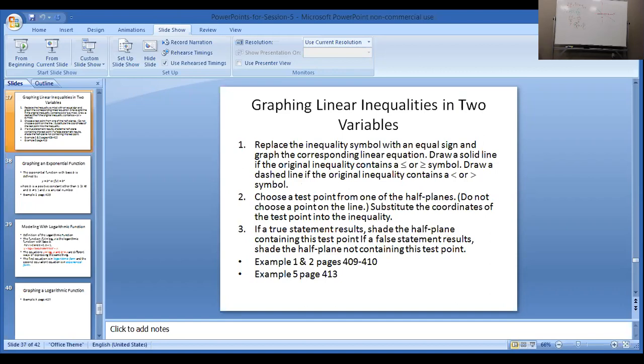Then we choose a test point to find out which side of this line we are talking about. For example, I choose the reference point 0, 0. If I put 0, 0 in this inequality, I get 0 greater than or equal to 15, so it's not true. So the graph is all the points to the left below that line.